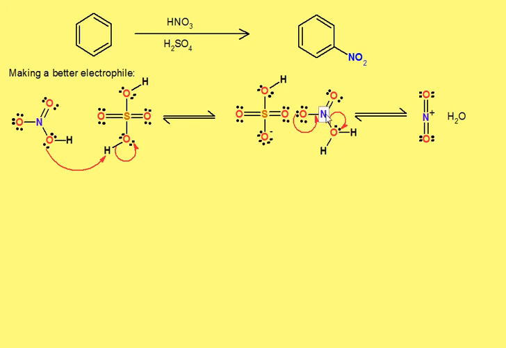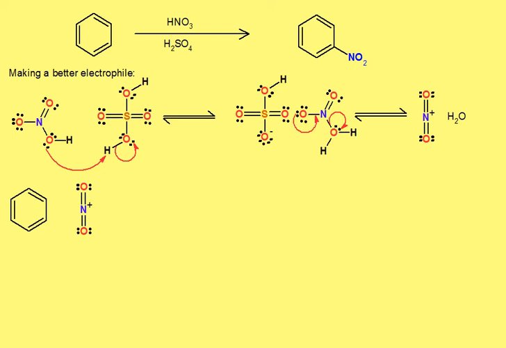And to complete the octet of the nitrogen, the electron lone pair from the oxygen comes in to make that octet once more. But realize that the nitrogen is positively charged, making it electron hungry and a much better electrophile.